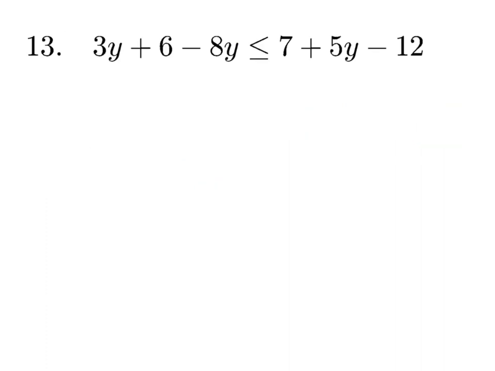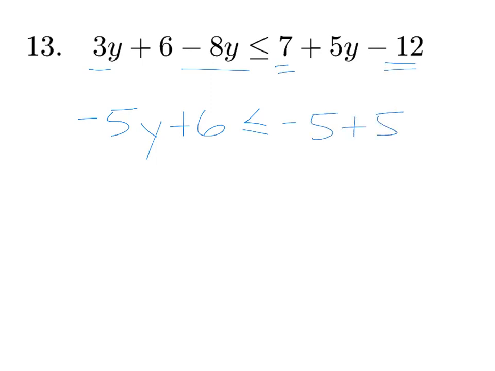For 13, first thing I have to do is combine like terms. All right, so I have negative 5 plus 5y. Now it's your choice how you want to shift things around. I will subtract 5y, bring it over to the left side.